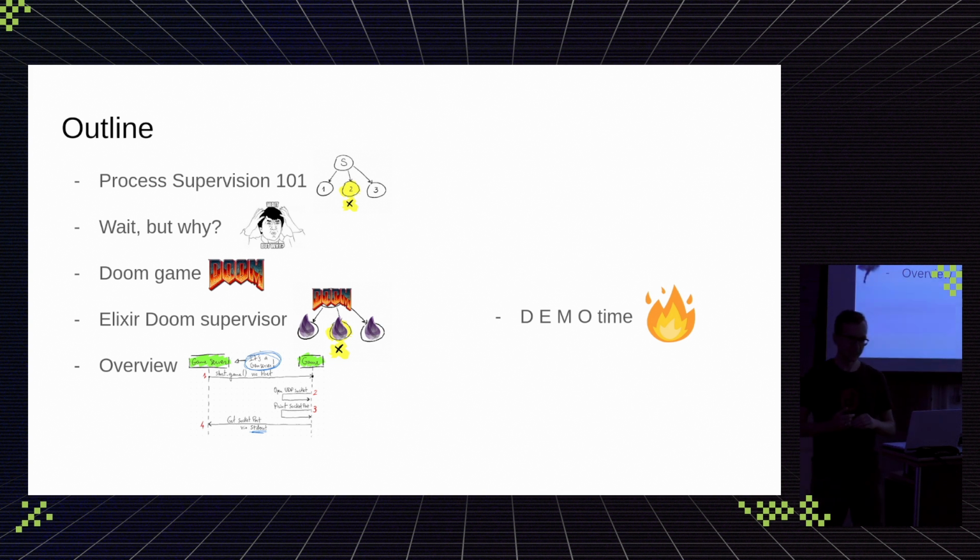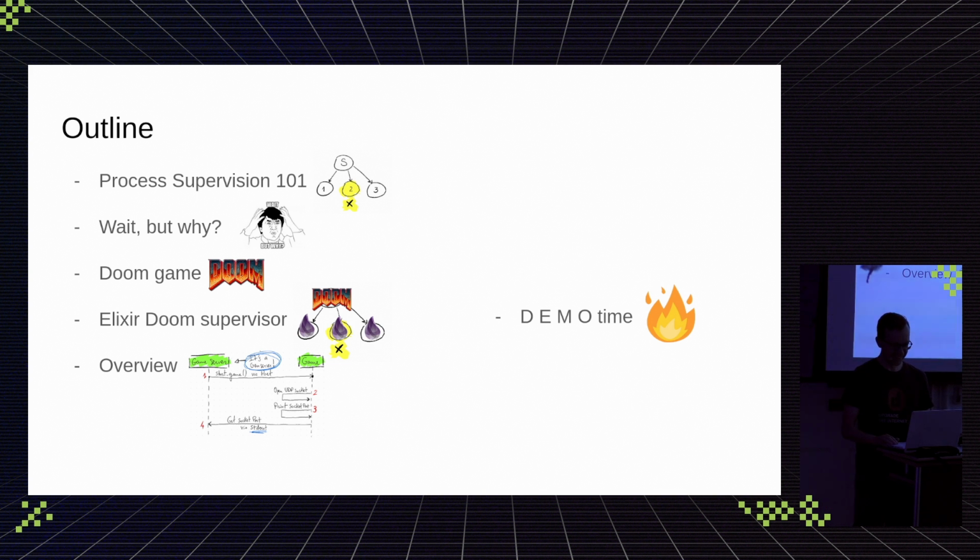So his idea is that these supervision trees that we know from Elixir and Erlang are pretty complicated to understand. Who understands supervision trees in Elixir? Oh, this is actually quite a bunch.